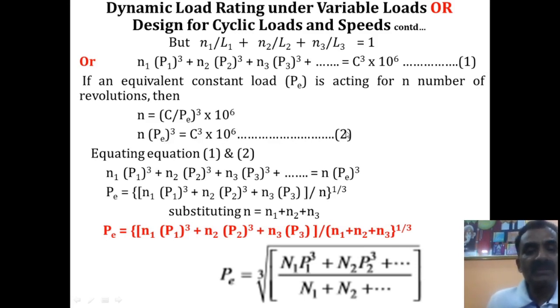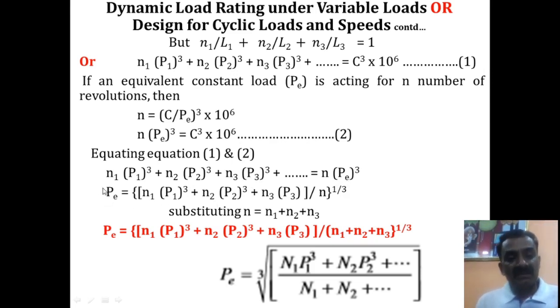This is equation number 2. We equate equation number 1 and equation number 2, and we get N1 P1 cube plus N2 P2 cube plus N3 P3 cube, and so on, equal to N PE cube. If we simplify this equation and substitute N1 plus N2 plus N3 equal to N, this is the equivalent dynamic load we have got.